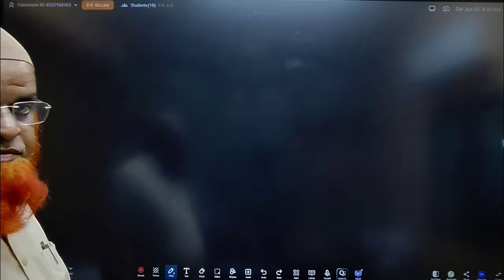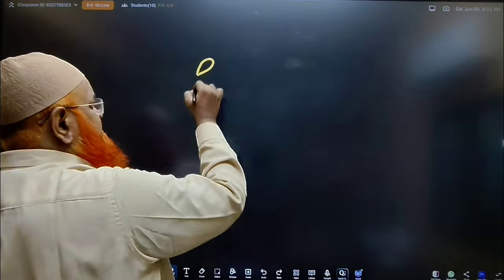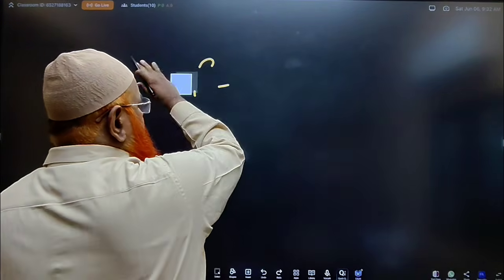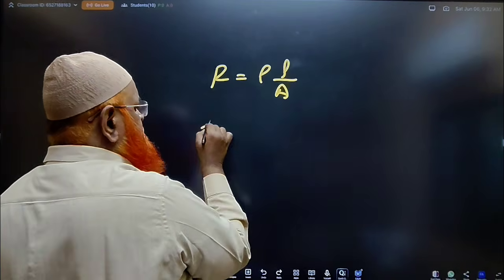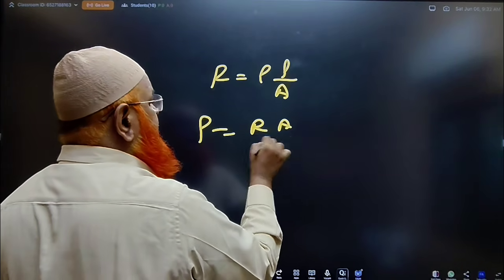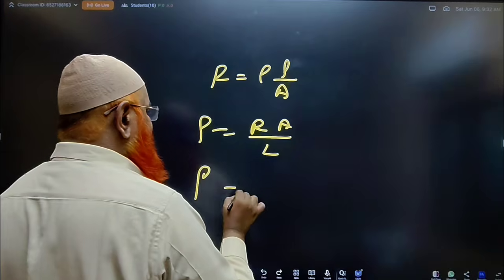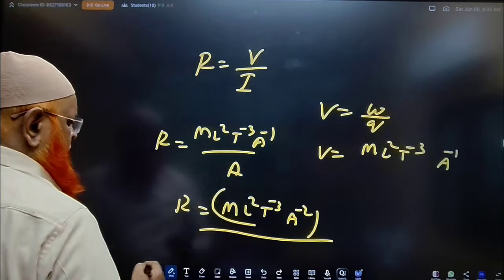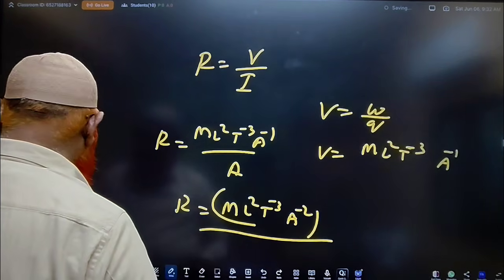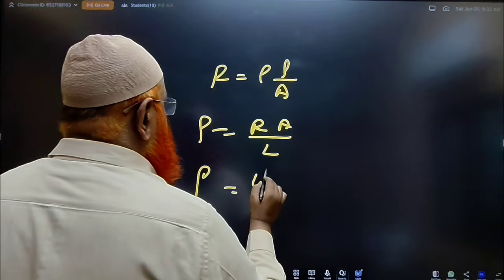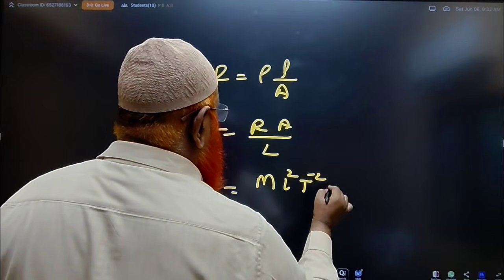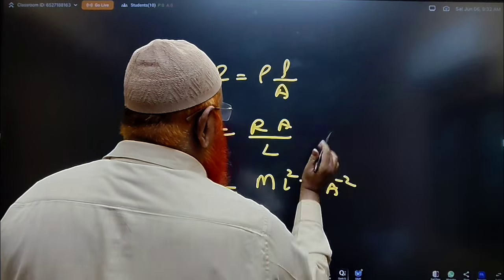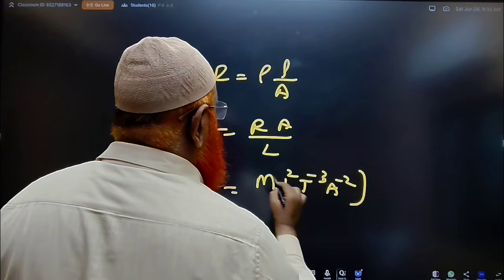Next, resistivity. See, R is nothing but rho L by A, so rho is equal to RA by L. R we already know, ML² T^-3 A^-2.